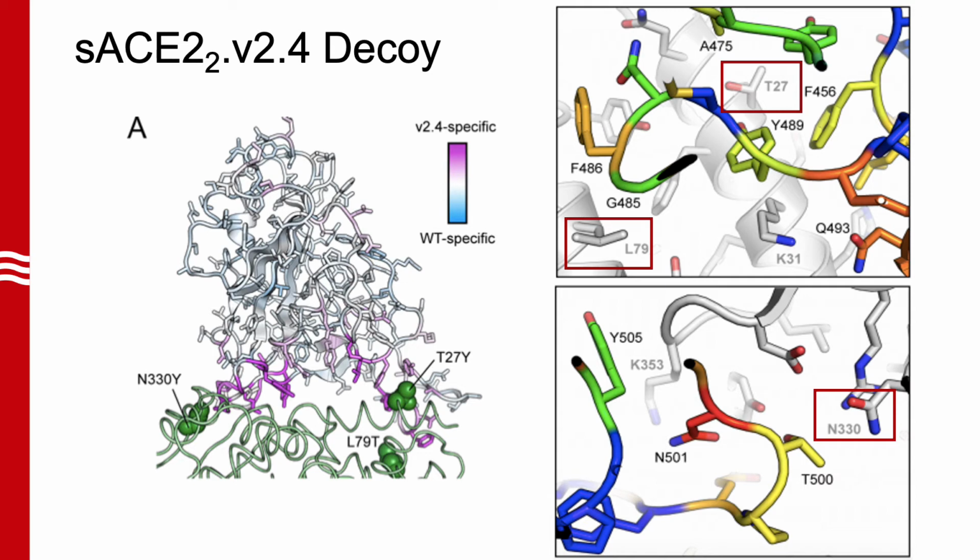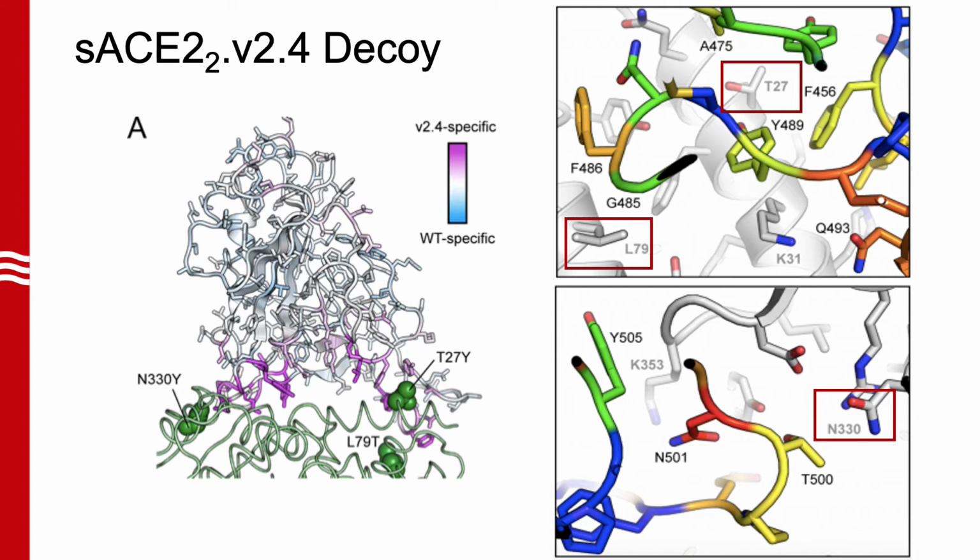This took the form of aromatic substitutions at positions 27 and 330, as well as polar substitutions to residue 79. Each of these substitutions was made on the receptor as opposed to on the RBD.